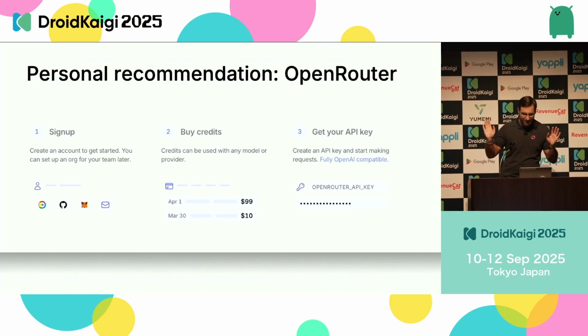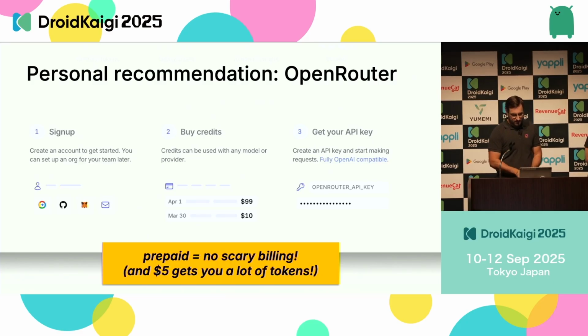I'm not being sponsored by OpenRouter to say any of this. I just genuinely believe it's the best way if you're experimenting, because it allows you to switch from ChatGPT to Claude to Llama just by switching a single line of configuration. You don't have to set up billing 5 times. It's very useful. Right, you get a lot of tokens.